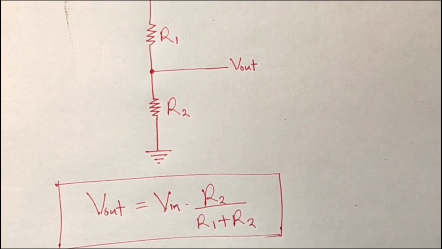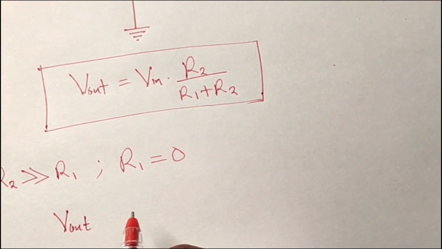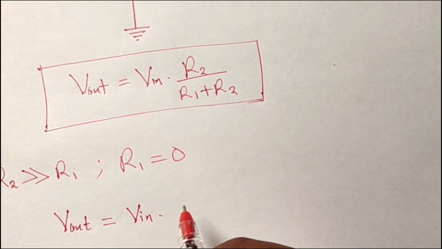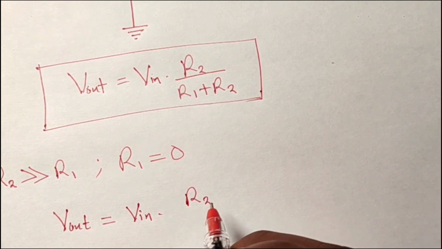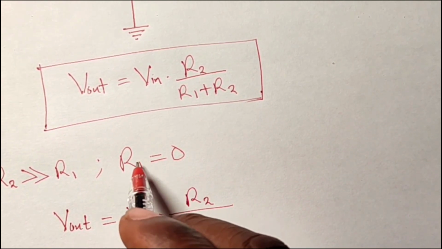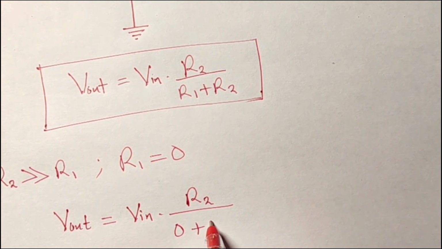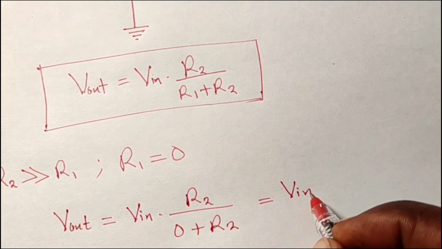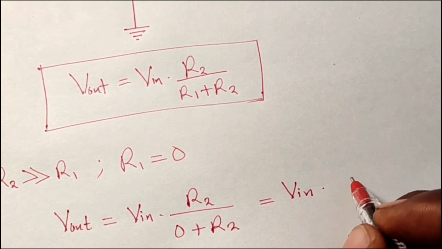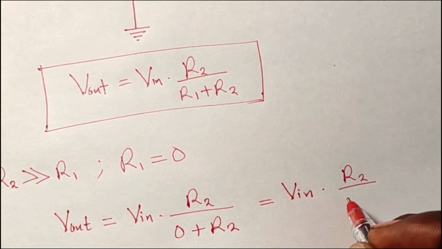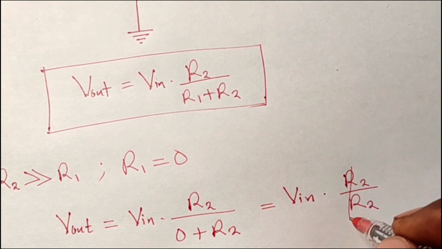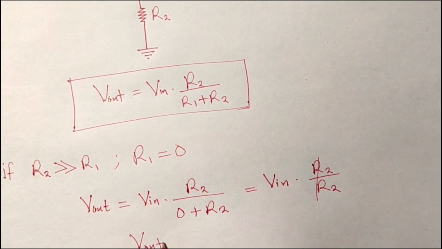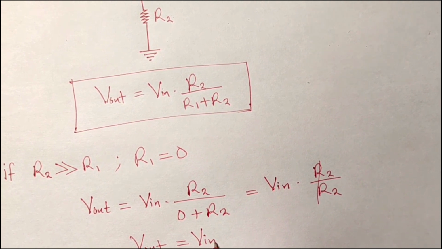V out is equal to V in times R2 divided by 0 plus R2. Then you have R2 divided by R2. Here we cancel. Then you have just V in. So V out is equal to V in.